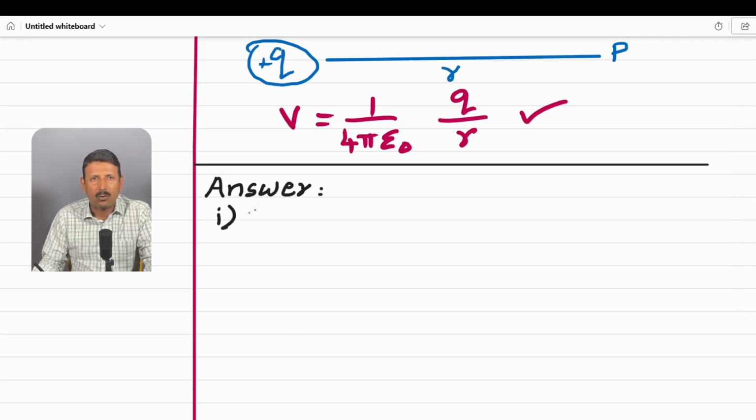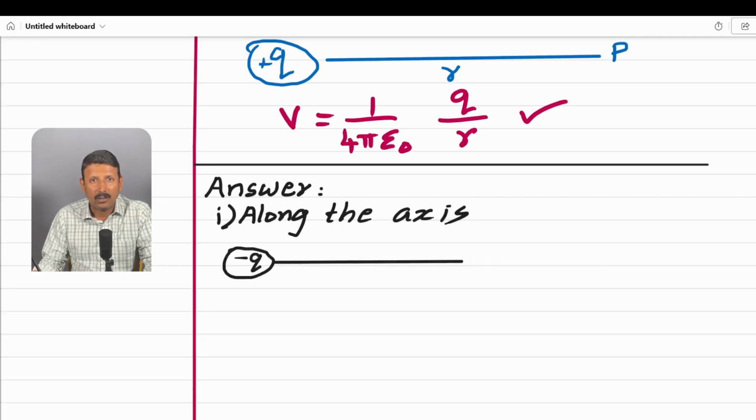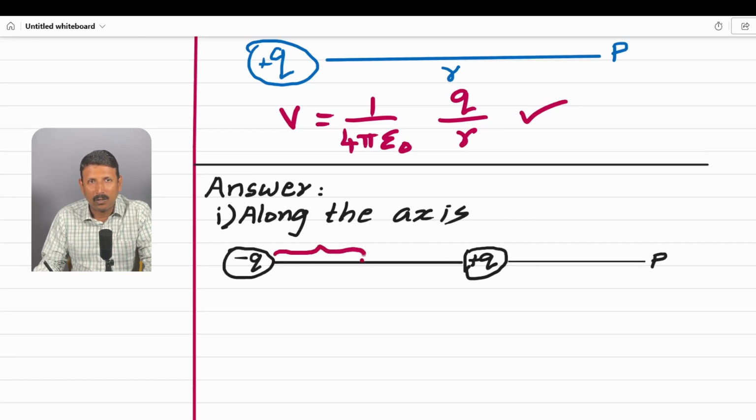Now we can come to the question. See, the question was something like this. There are two equal and unlike charges, right? Plus Q, minus Q. And we want to find the electric potential along its axis and perpendicular to the axis. Perpendicular to its axis we will call the bisector axis. So first part, along the axis. We can draw one electric dipole now, because two equal and unlike charges basically represent one electric dipole.